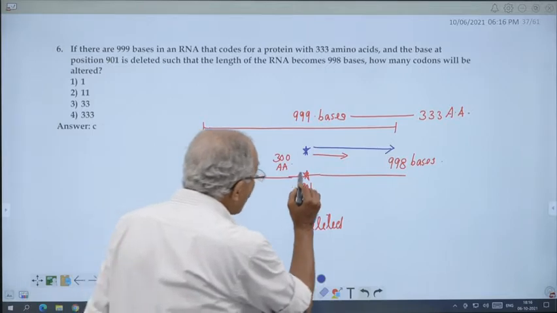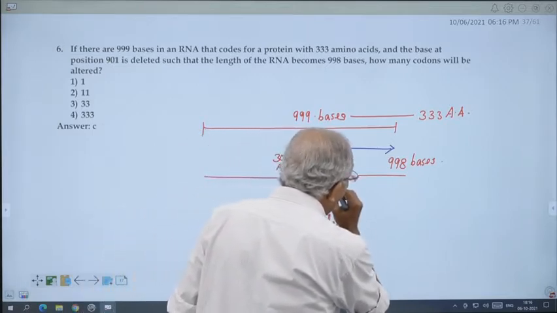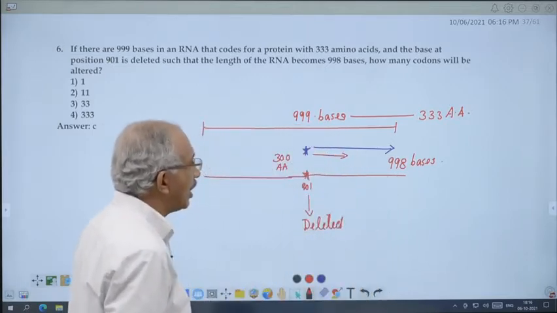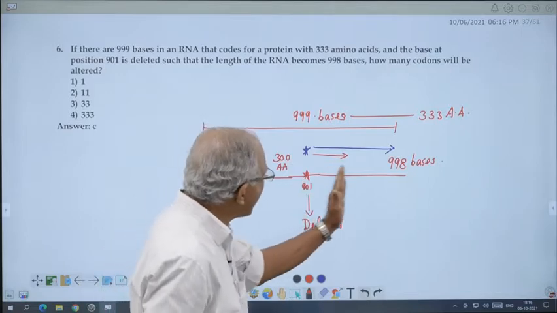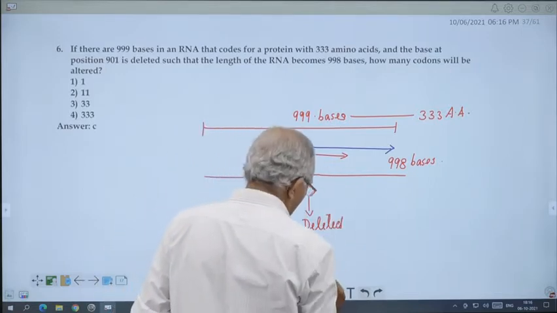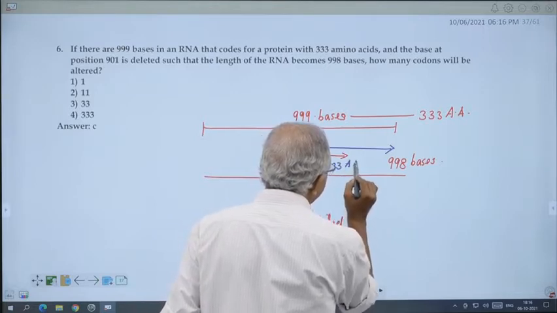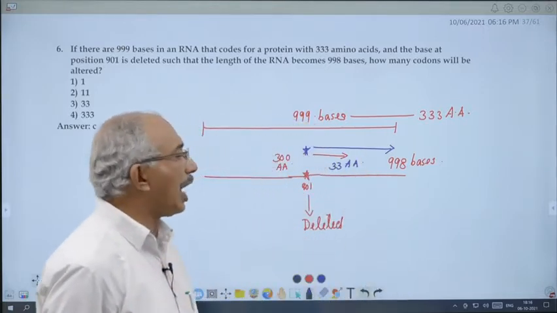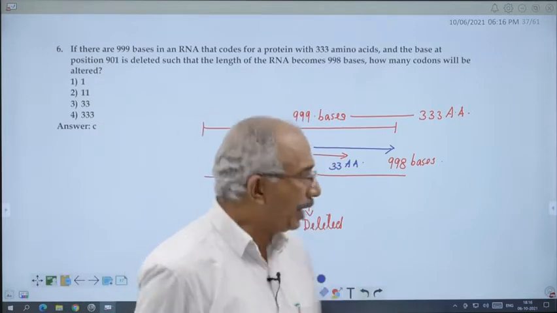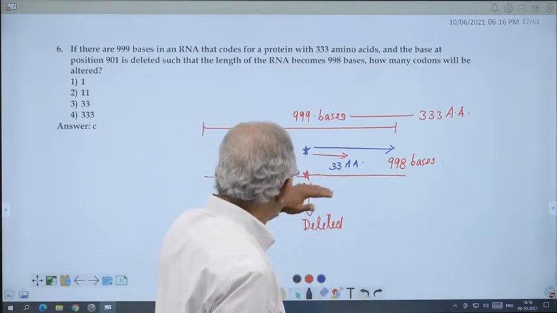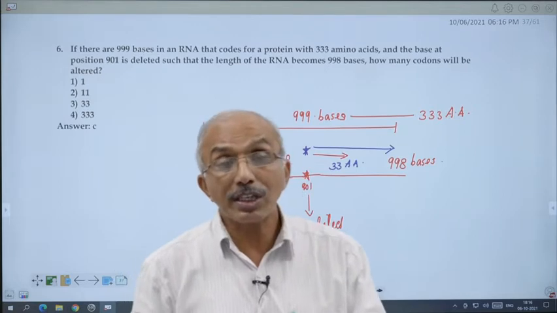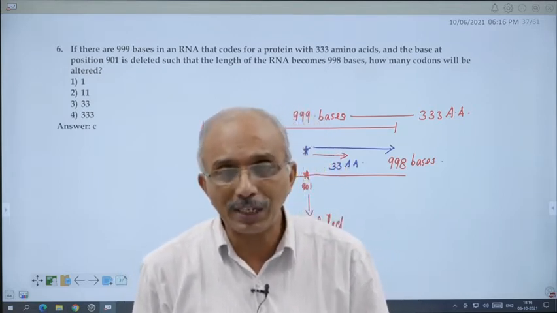From here onwards it affects all the rest of the amino acids. How many amino acids remain? 33 amino acids. From here onwards it will be affected because it is a frame shift mutation.